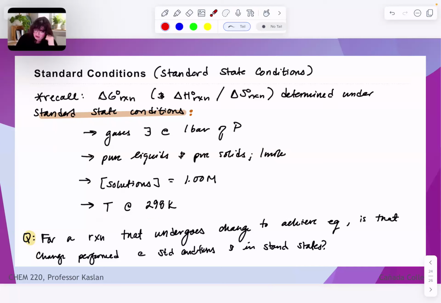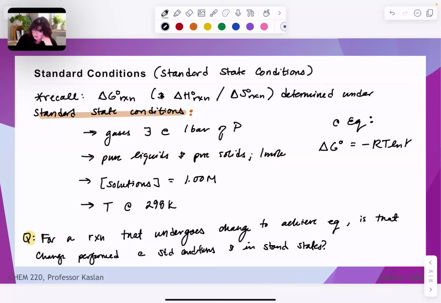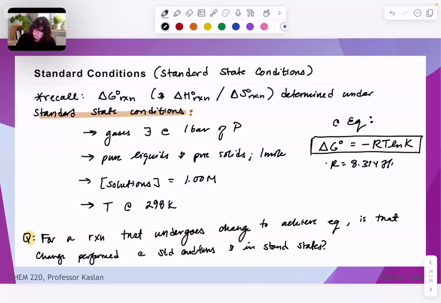So at equilibrium, recall that the standard change in Gibbs free energy is equal to negative RT ln K. This is from our previous video, where R is 8.314 joules per mole Kelvin.